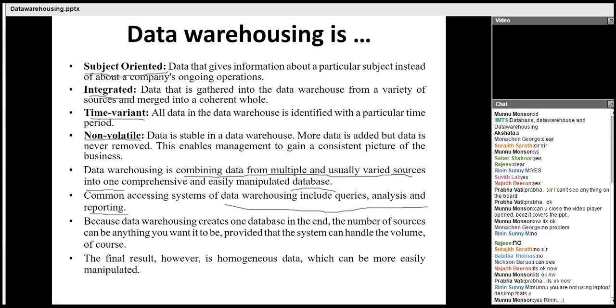Since a data warehouse creates one database at the end, the number of sources can be anything you want it to be. So the final result will be one homogeneous data set which can be easily manipulated or worked upon. So that is data warehousing.